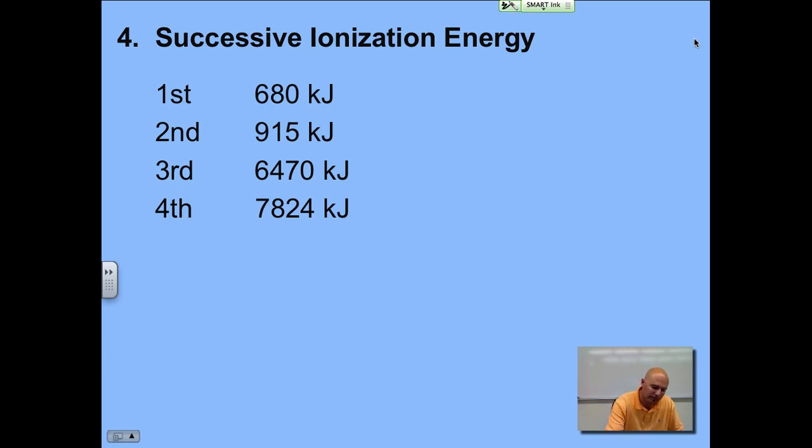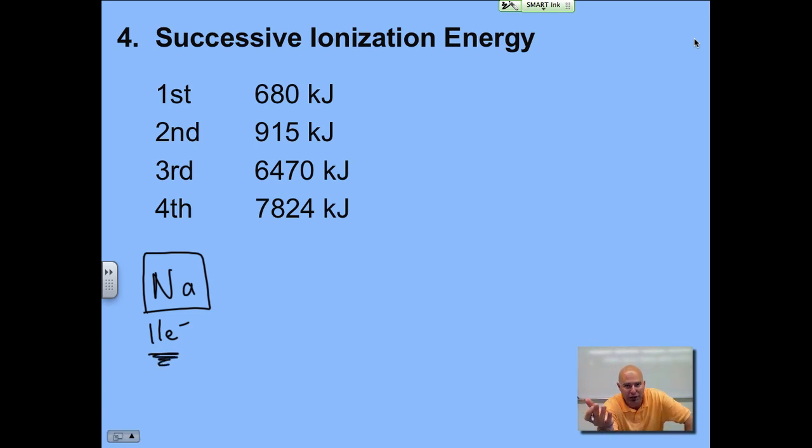Sodium has 11 electrons when it's an atom, right? How many electrons could it lose? It could lose all 11. And since it could lose all 11, there are going to be ionization energies associated with each electron.